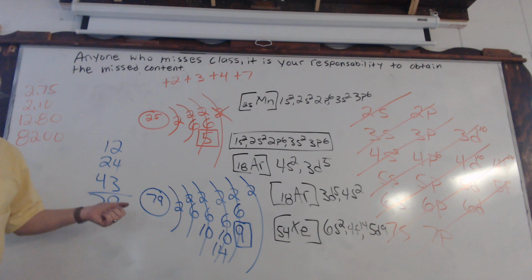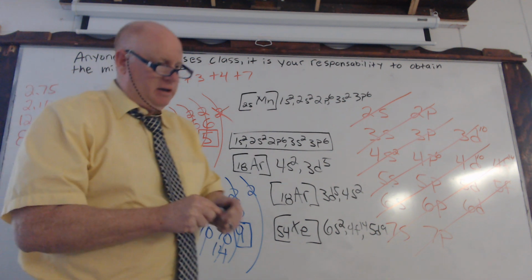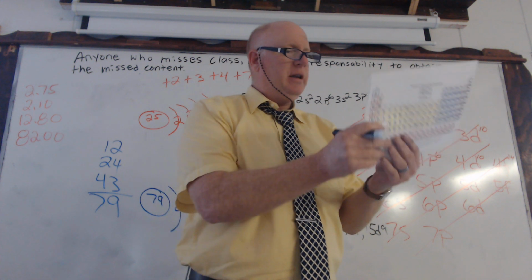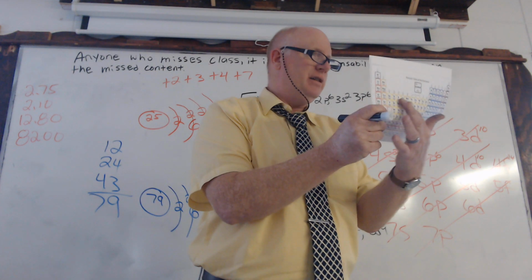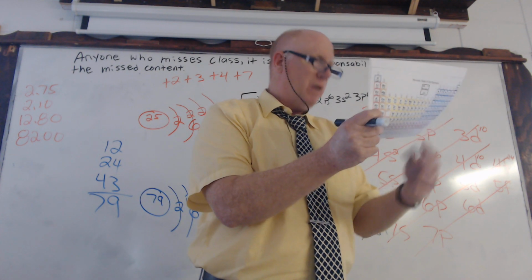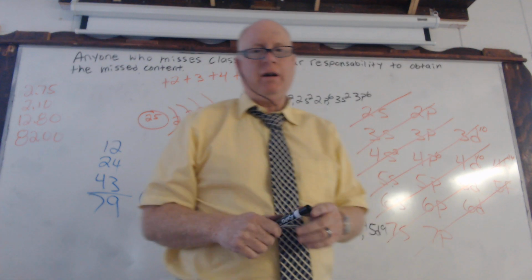So that's got to be right. See, that's just it, because what you're thinking is, you're thinking this is 4D. It's not, it's 3D. Right. That's what's throwing you off.